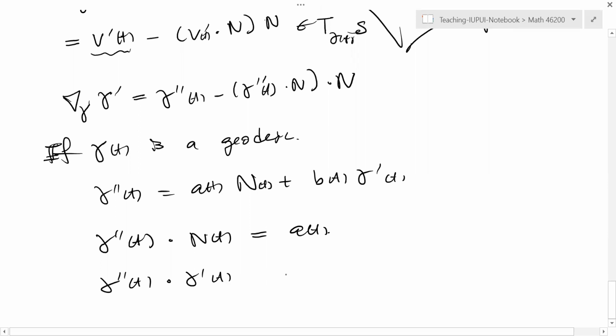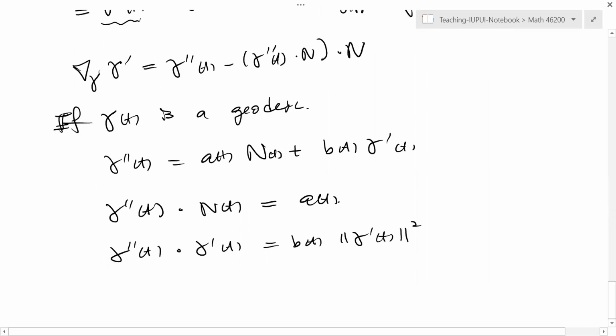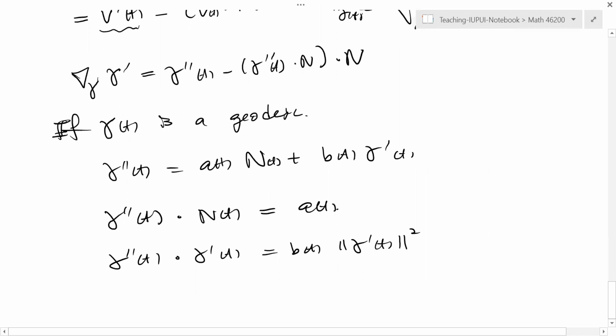Then you have to be careful. This is the length of gamma prime(t) squared. Slightly different. That's for B. So if it's a geodesic, then you have this identity.